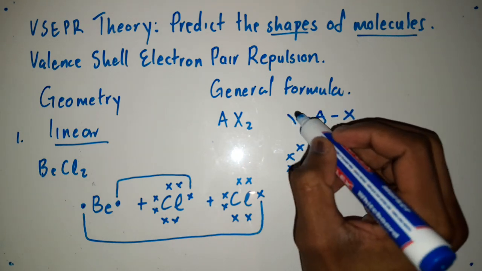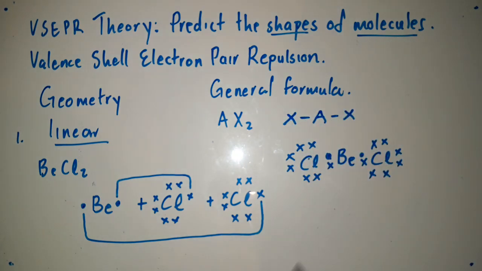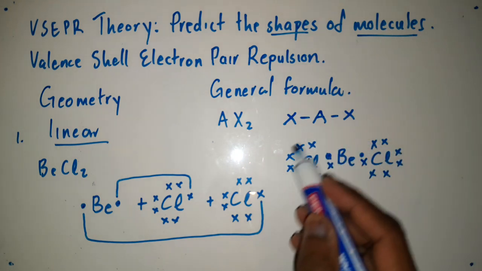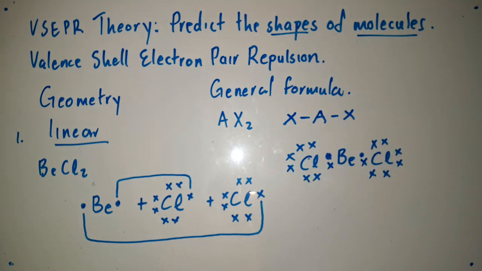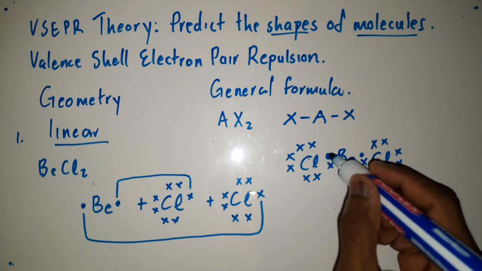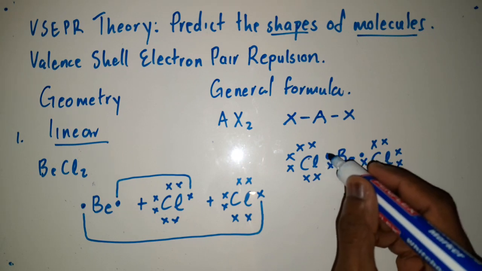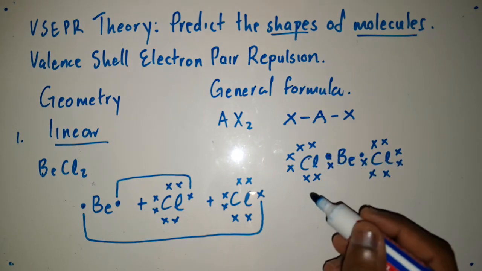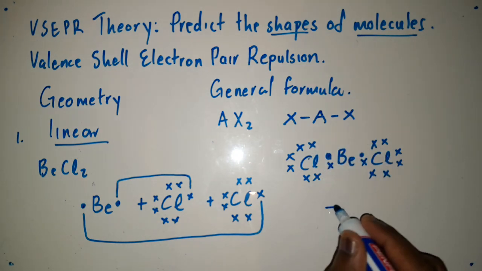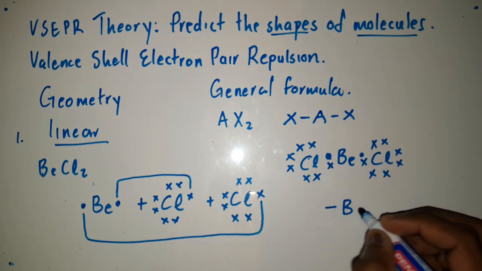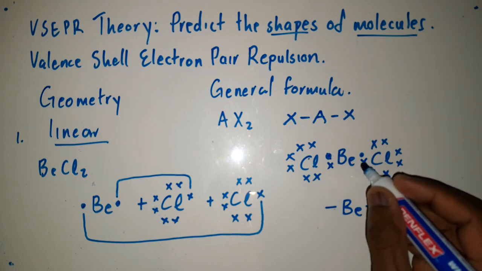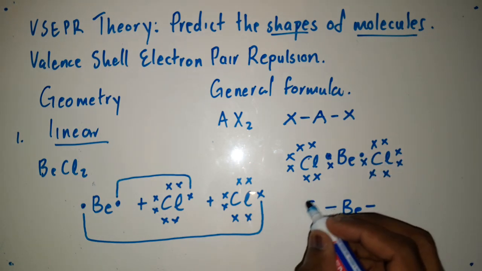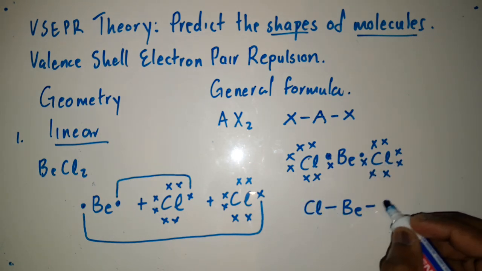If I were to replace these two electrons with a single bond, and the same for these two electrons, I would have something like this.